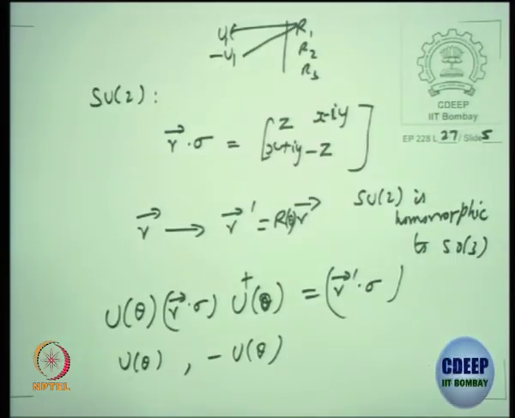Just because it is 3 parameters and 3 generators, you should not come to the conclusion that you are studying the same thing. SU2 is a necessity if you want to look at a space of both integral and half-odd integral, but you can live with SO3 if you are only looking at a space of integral, which is what happens in your hydrogen atom problem with only orbital angular momentum. There is no half-odd integral coming up.